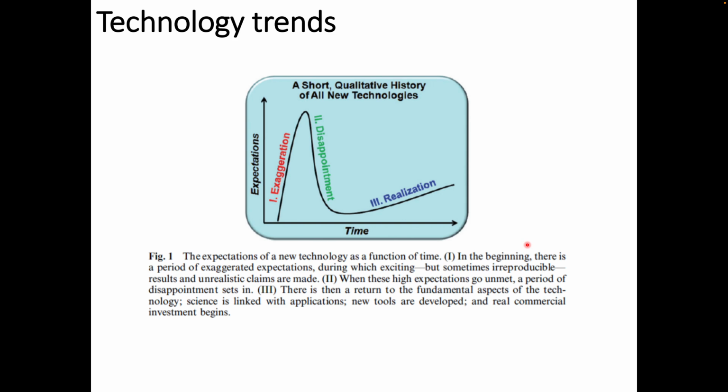We have to see how the path is going to go. But anyway, this is a general trend of all new technologies, and my point here is that when people get overly excited, don't just go to that field, because you might end up at this stage, right?